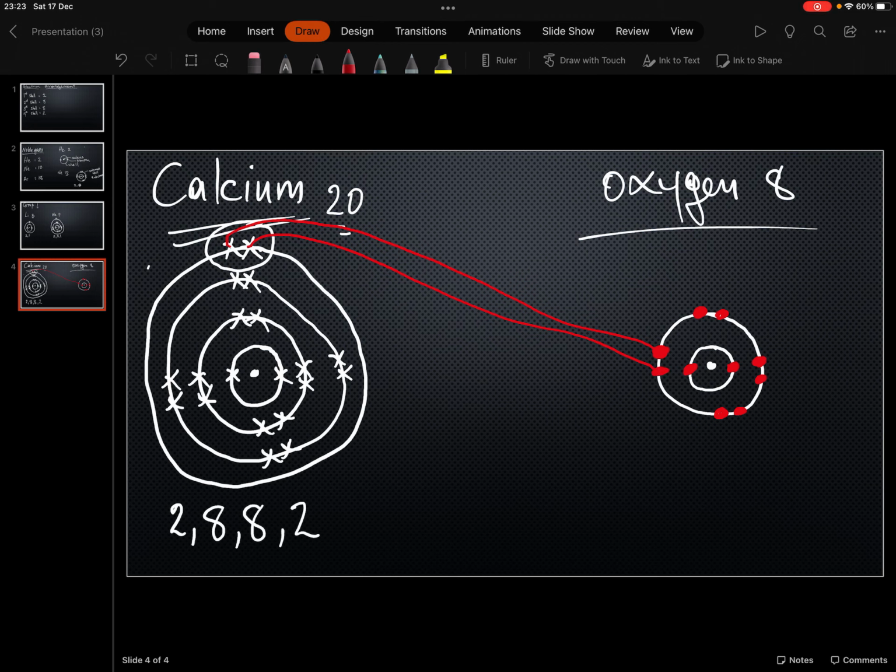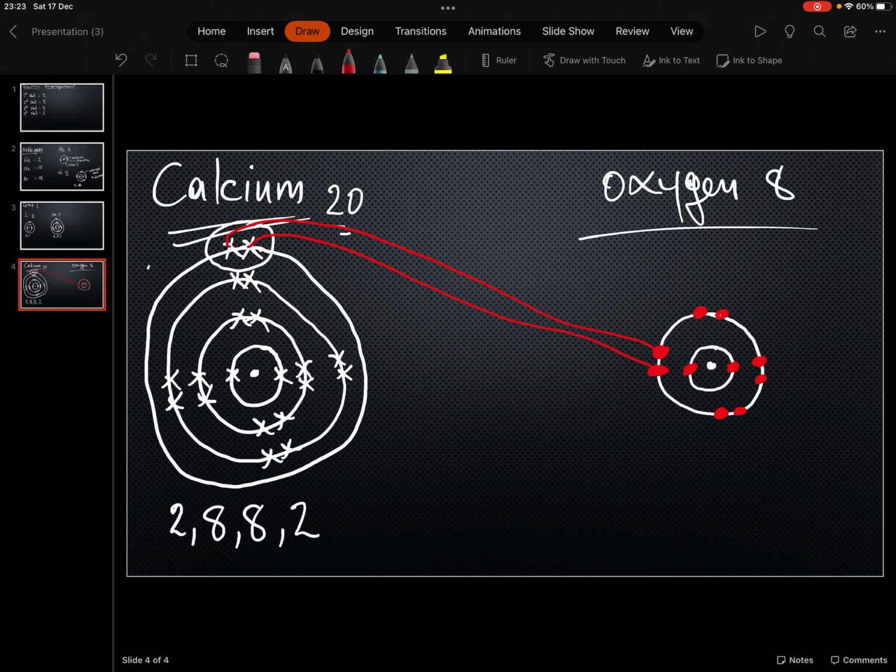This is called ionic bonding, where an element with free electrons willingly gives away these free electrons to another element that needs them in order to fill its outer shell.